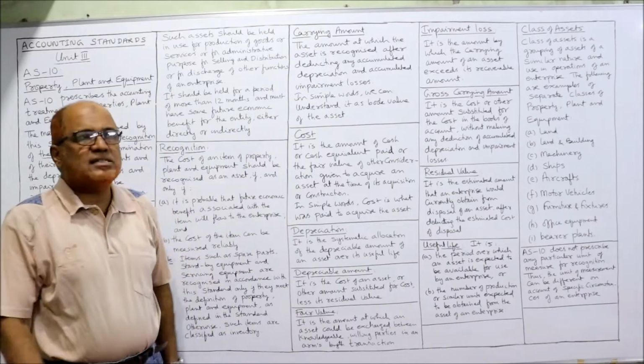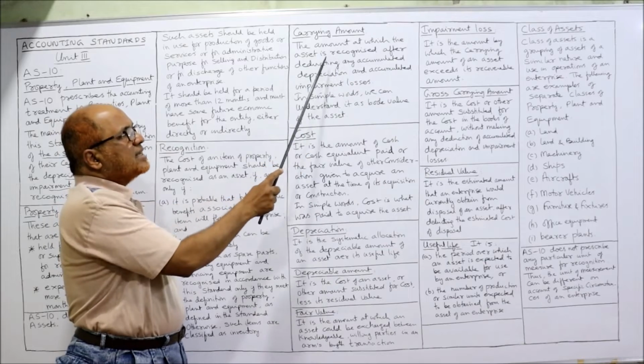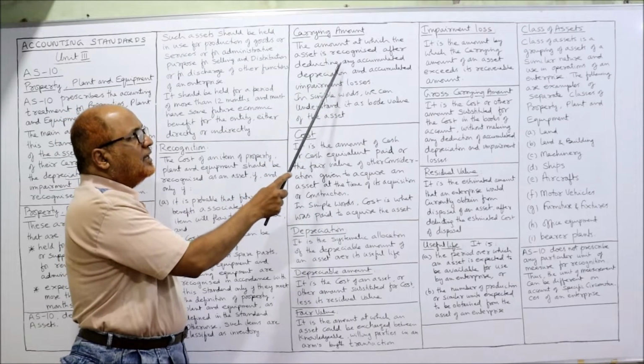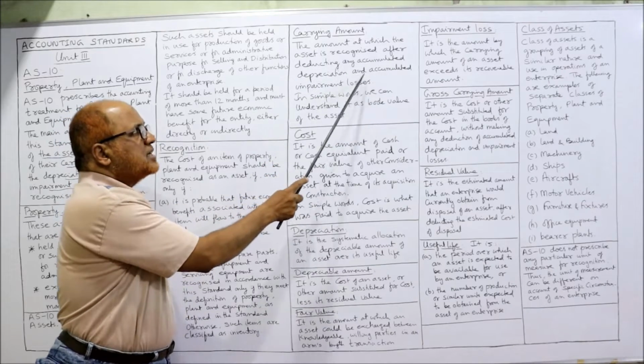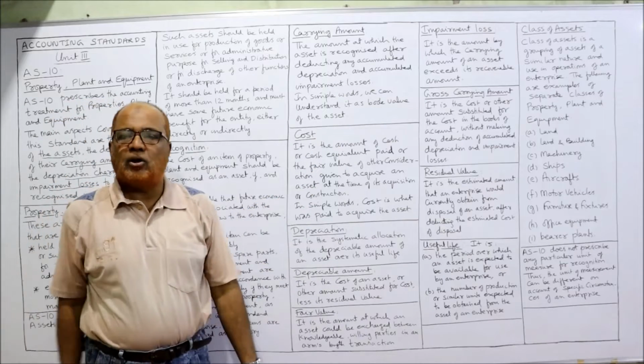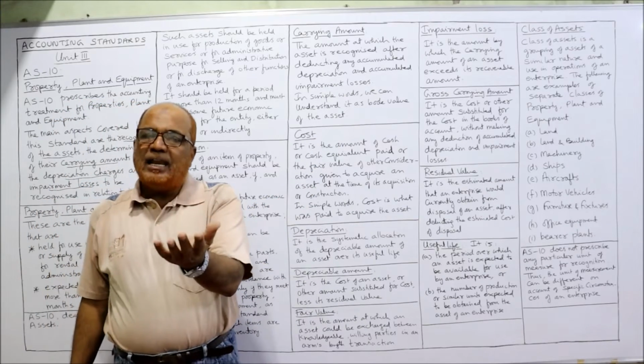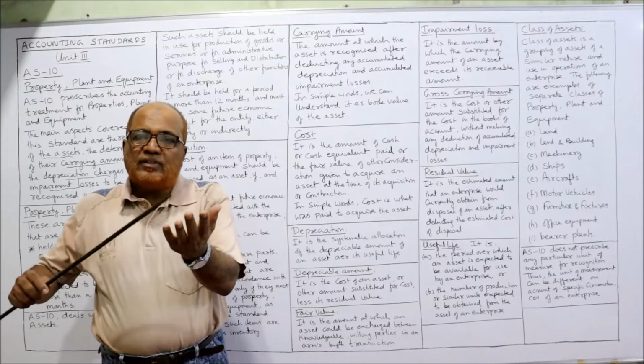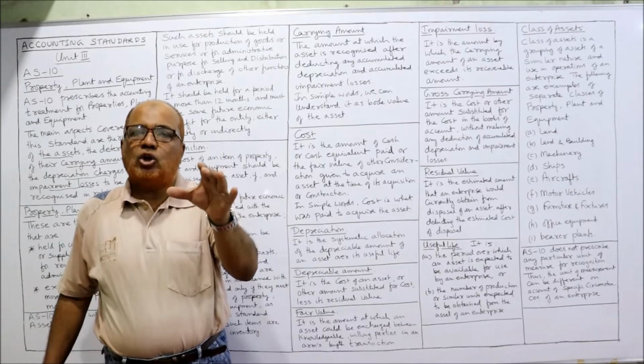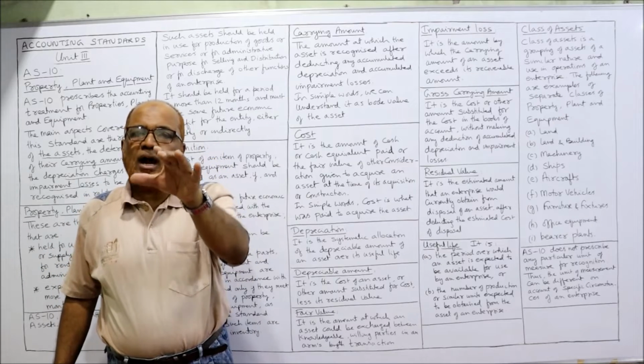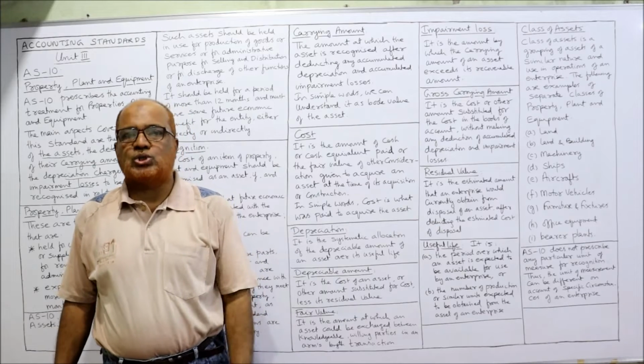The specific meaning given by AS 10 is the amount at which the asset is recognized after deducting accumulated depreciation and accumulated impairment losses. That means the value of the asset after deducting the accumulated depreciation and impairment losses.